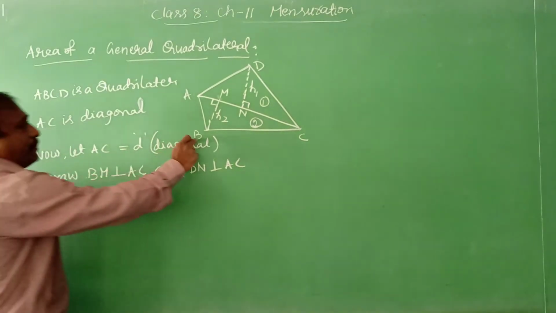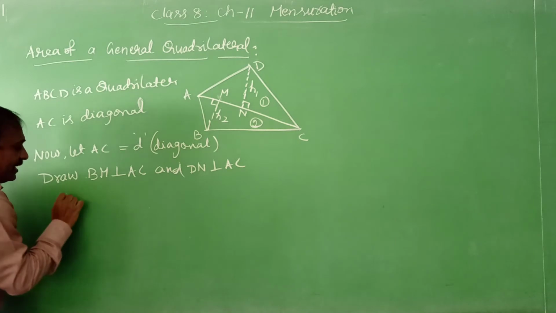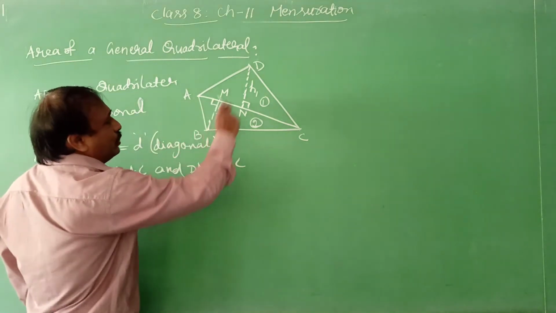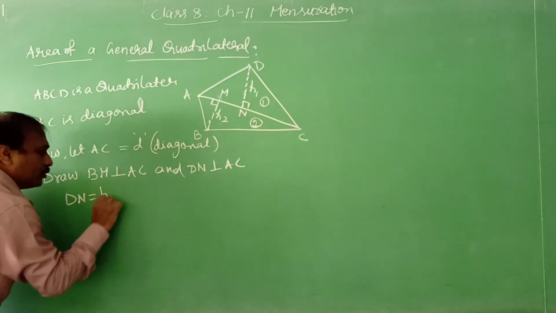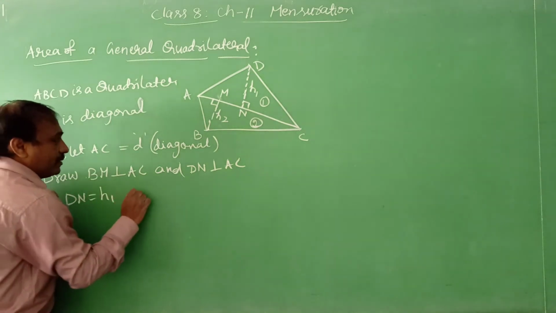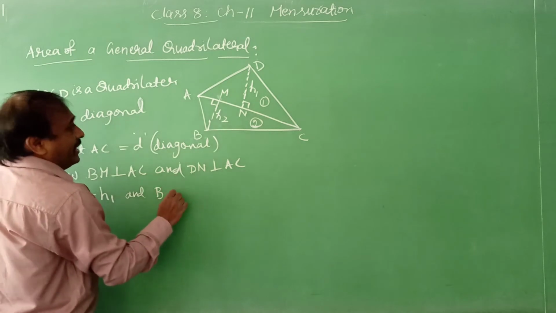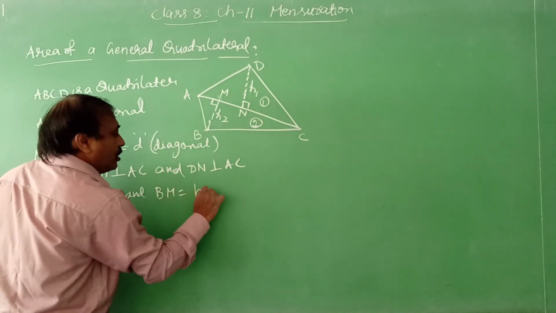We assume BM is equal to H2 and DN is equal to H1.